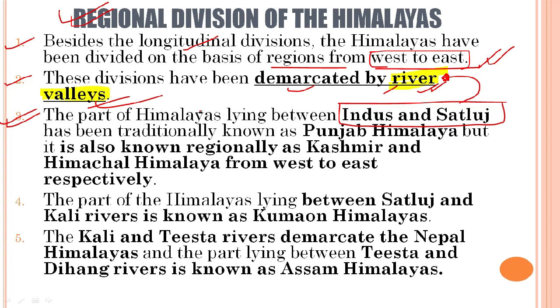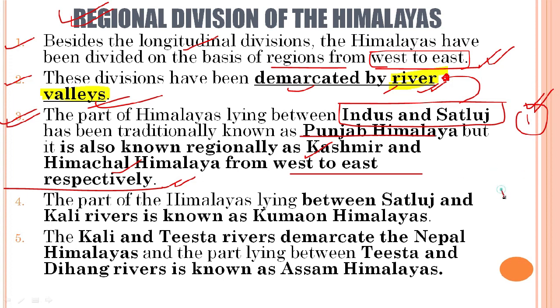The part of the Himalayas lying between the Indus and the Satluj has been traditionally known as Punjab Himalaya, but it is also regionally known as Kashmir and Himachal Himalaya from east to west respectively. Okay, now this was the first regional division of the Himalaya, demarcated by the river valleys of Indus and Satluj, also known as Kashmir and Himachal Himalayas.